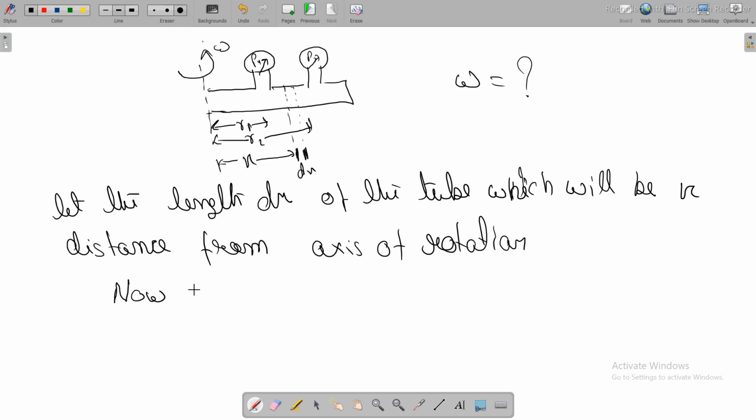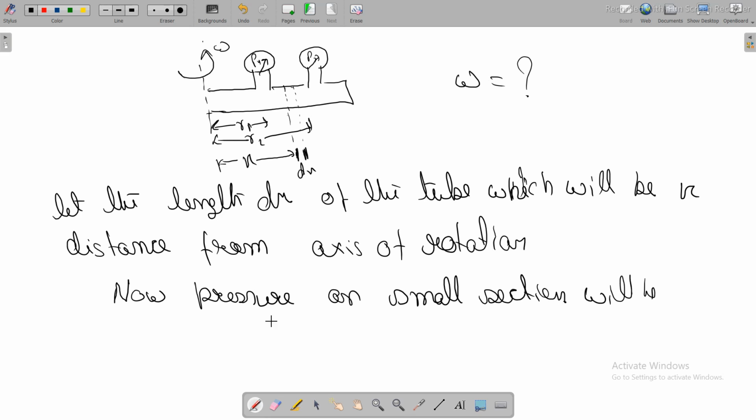Now the pressure on the small section will be, pressure is nothing but force per unit area, and it is rotating around the axis of rotation, therefore force is m r omega square.